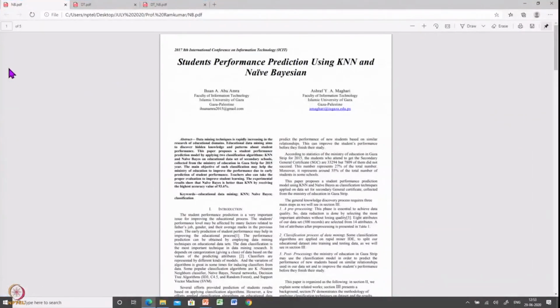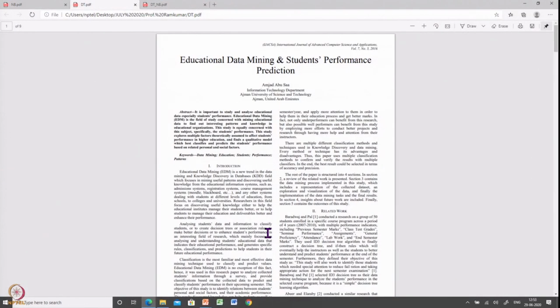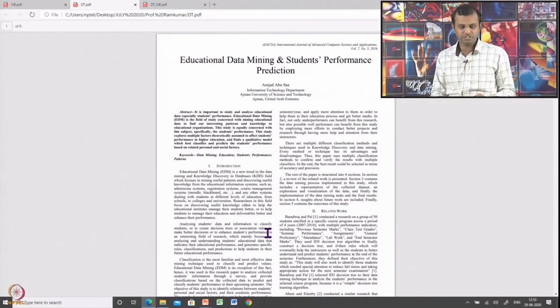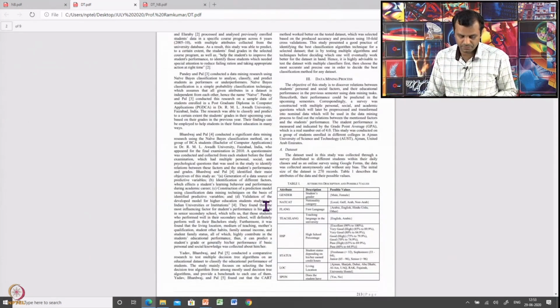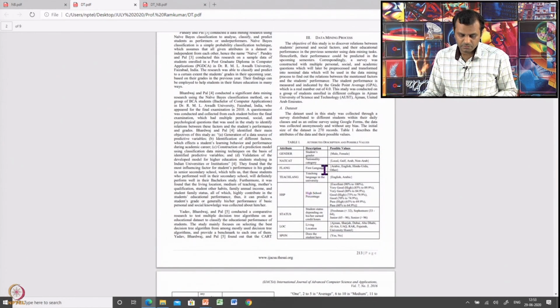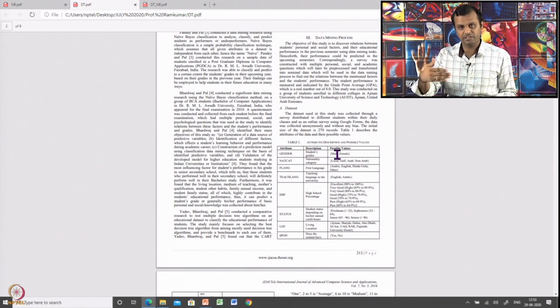Let us look at the next paper that is for decision tree. In this paper they used decision tree to predict the students' performance. The data they use is the nationality, student gender, the first language. So, what are the decision variables, category variables in the decision tree?